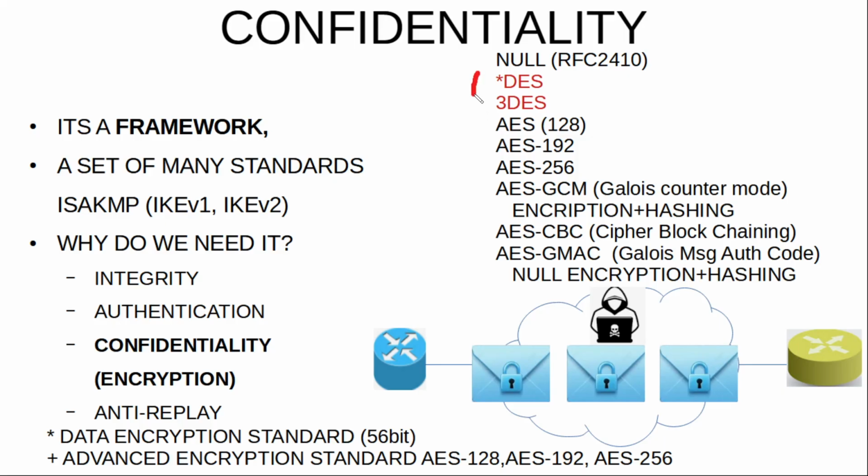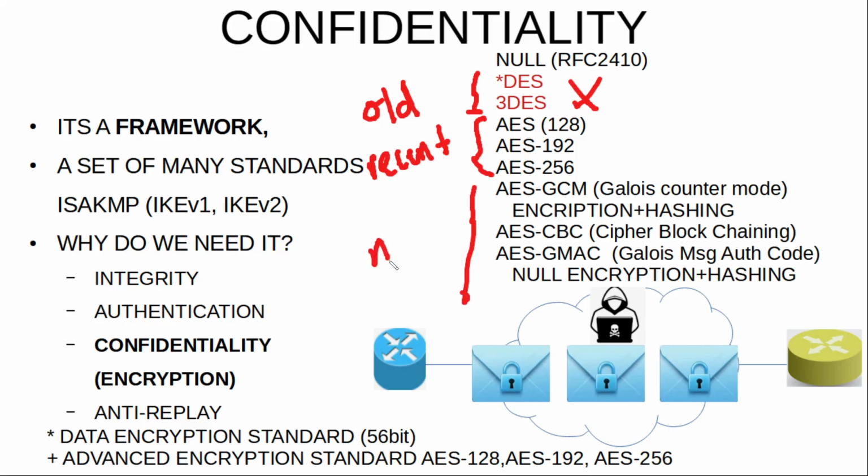We have, for instance, these old encryption methods, Data Encryption Standard or Triple DES, that you should not use because they are breakable. We have more recent encryption methods, for instance, Advanced Encryption Standard 128, 192, or 256, and we have the new generation of encryption standards.